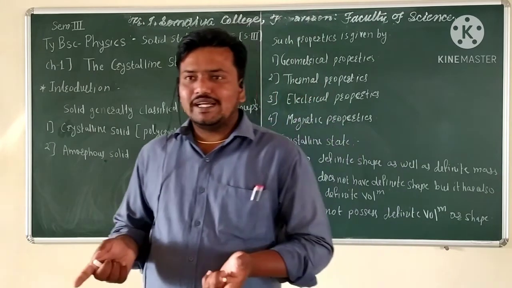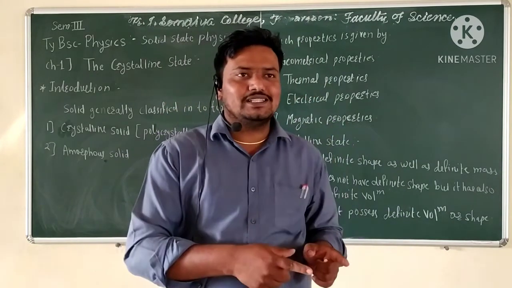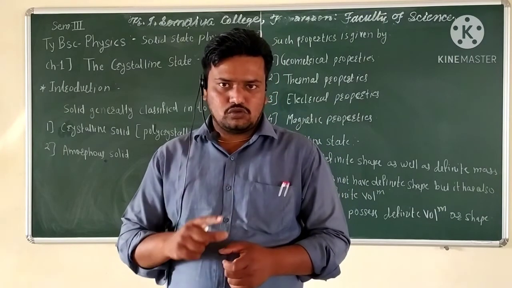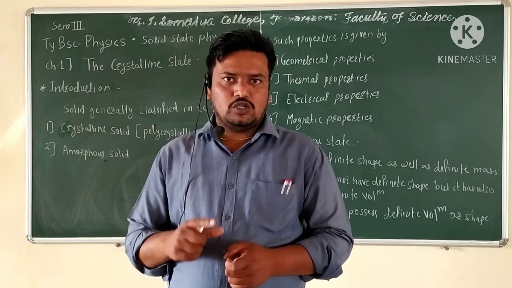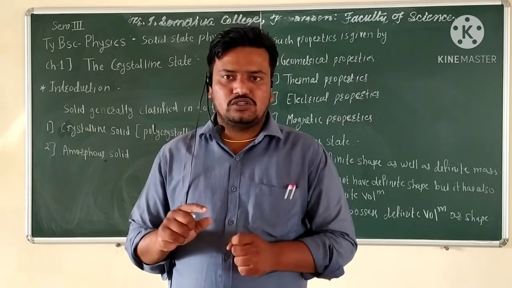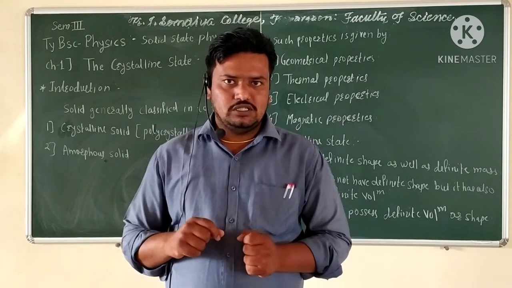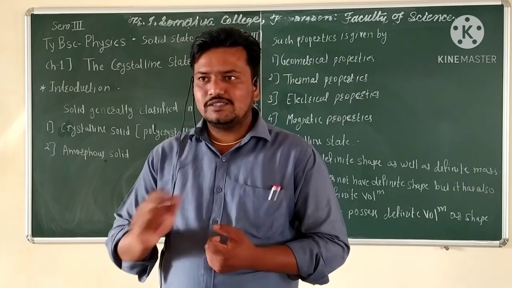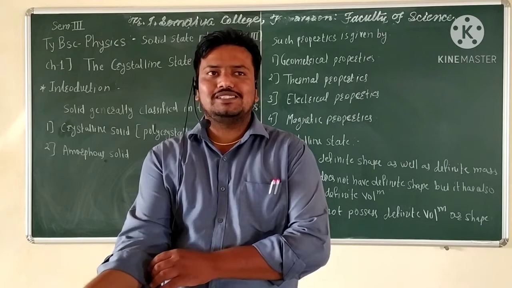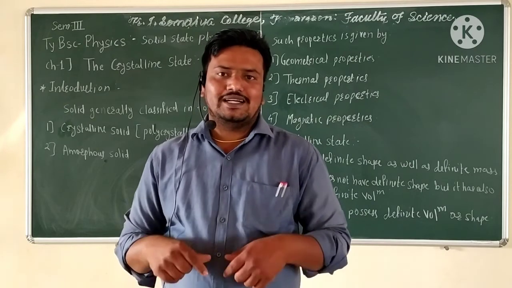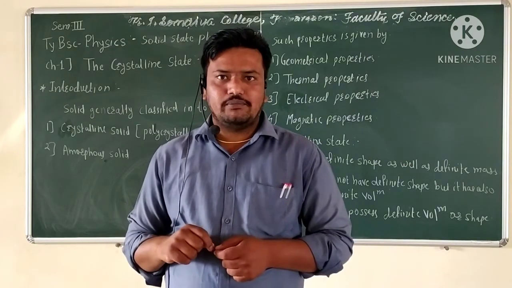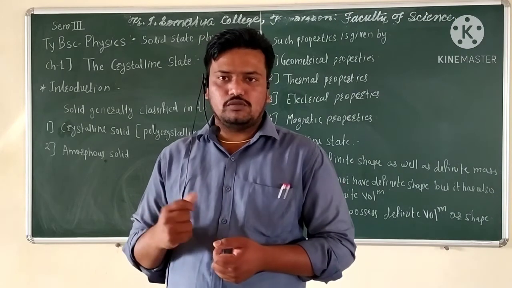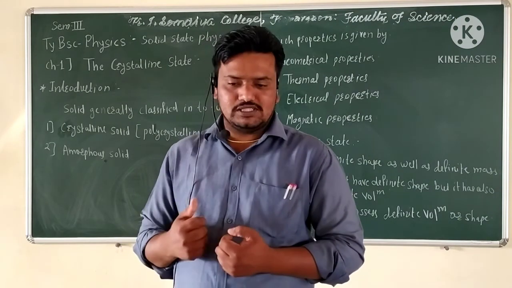Simply said, a crystalline material has a regular ordered, closely packed, or periodic structure. And what is meant by amorphous? Amorphous does not have a closely packed structure or a periodic structure of the matter or the solid.